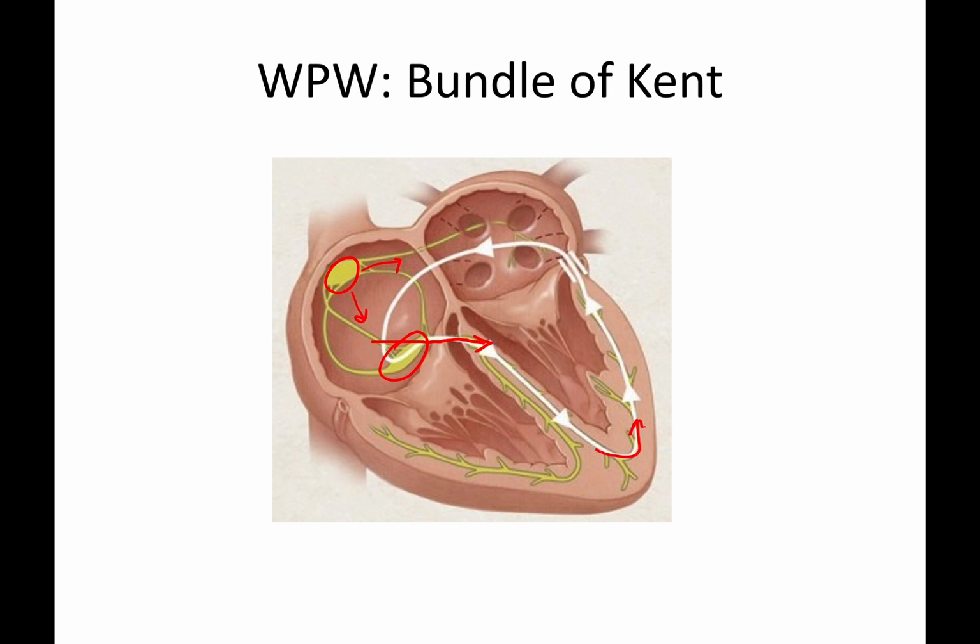It goes down through the ventricles, comes up here, and normally it would stop right here because it hits the cartilage. But because of that bundle of Kent, there's actually an opening between the ventricles and the atria that the electrical conduction can pass through.